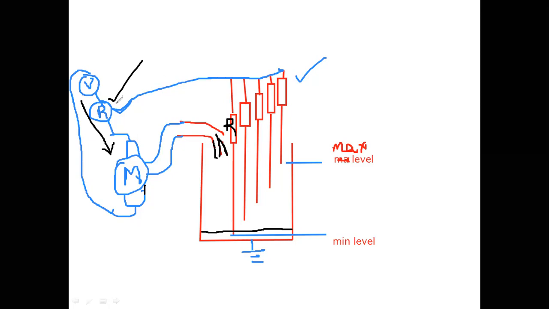So current drops. If current reduces, then flux will reduce. So the motor rotates with less speed.